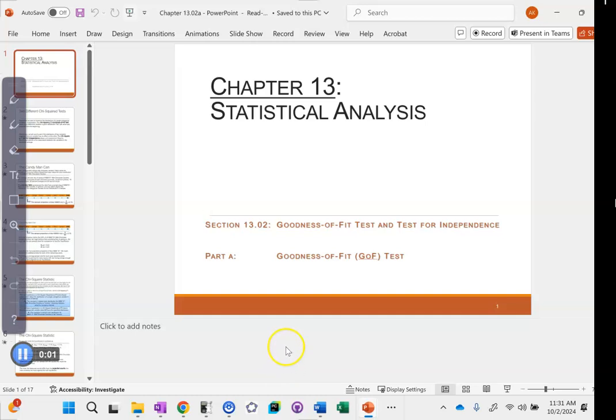So all we're doing is taking the known distribution or the known percentage and multiplying it by our sample. Everybody's okay with that? Expected counts can be decimal. No problem there. Even if we're talking about the number of M&Ms in a bag, it's okay. It can be decimals. Everybody's good?